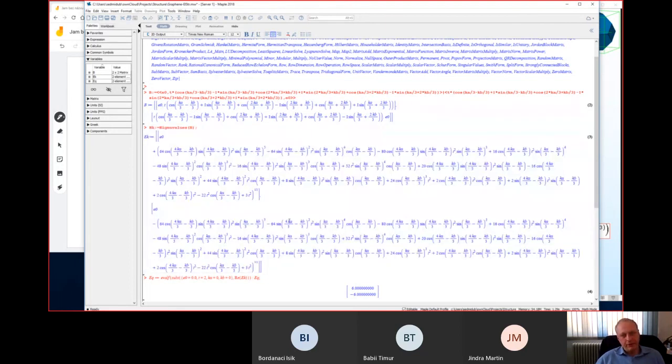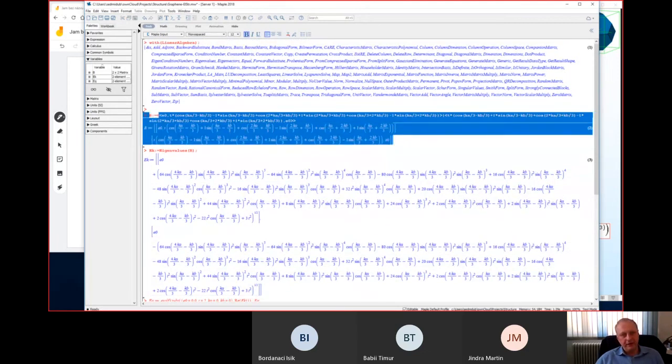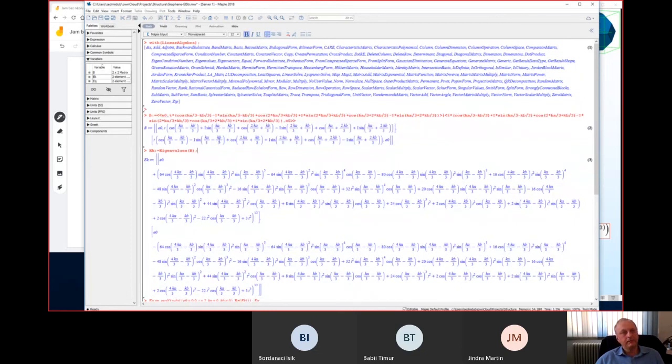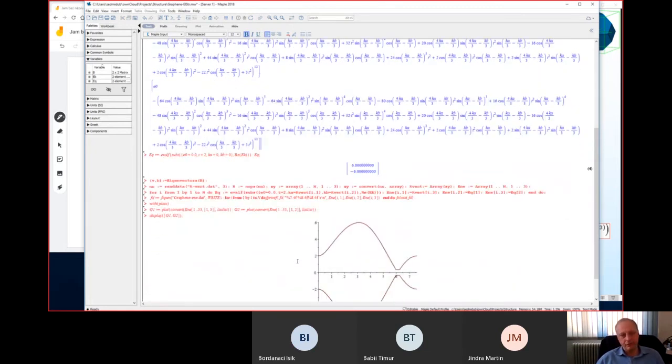If you install the Maple program, I will provide you with this example so that you can just redefine these matrix elements, or this Hamiltonian matrix, for your particular case and then solve it and plot it as you want.